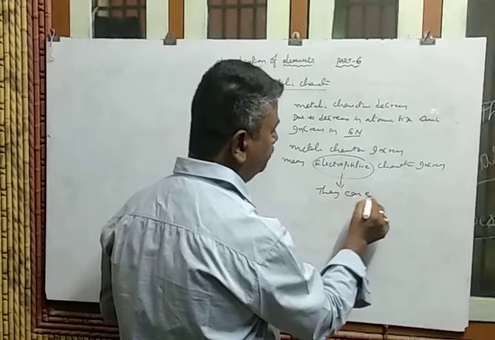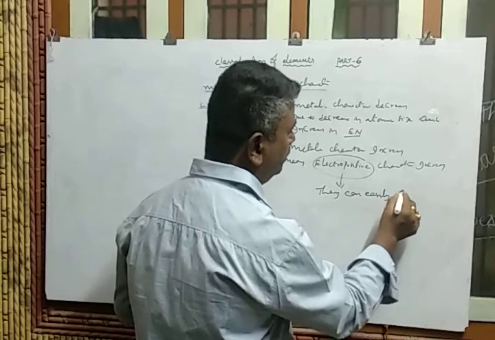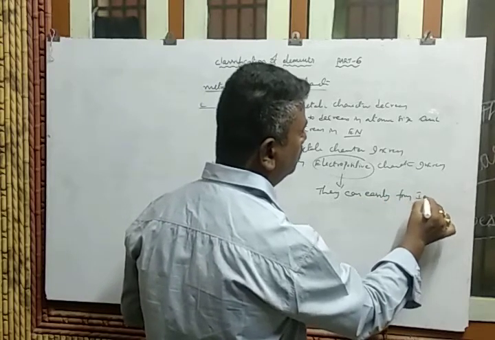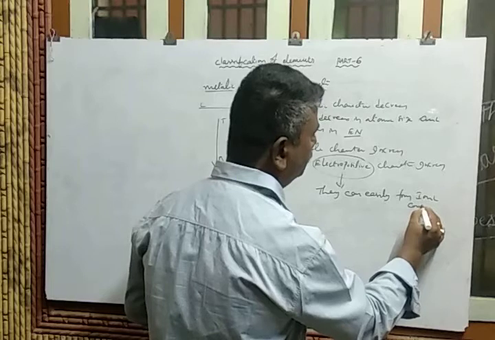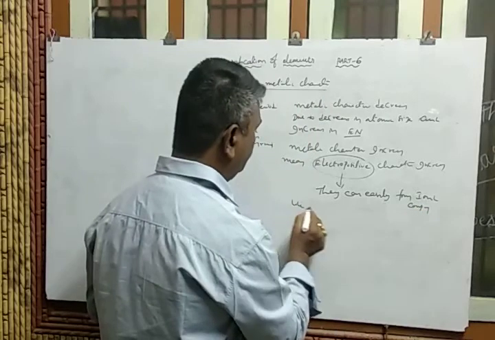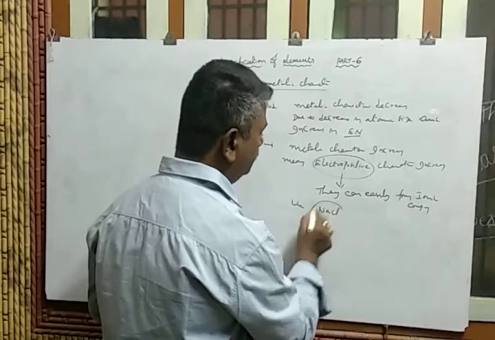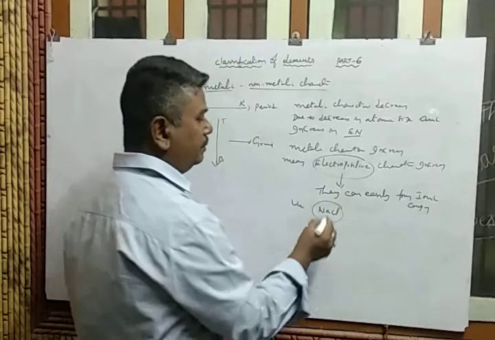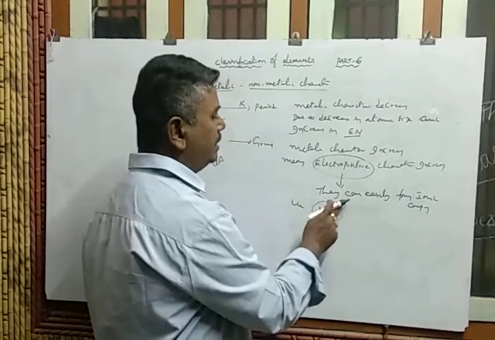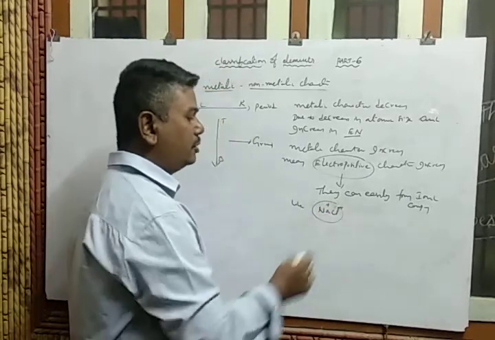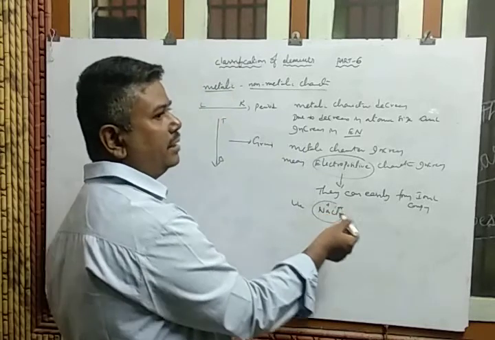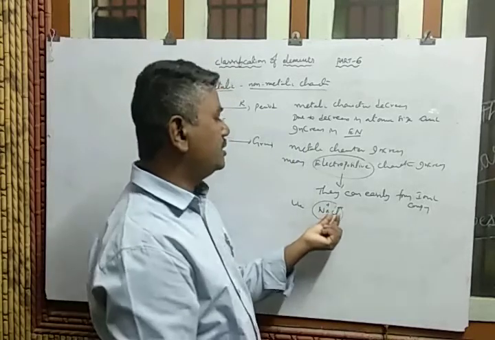Whenever electropositive character increases, they can easily form ionic compounds like NaCl, Na+ Cl-. So what happens here? The sodium easily loses the electron and chlorine acquires the electron, one with positive charge, the other negative charge.